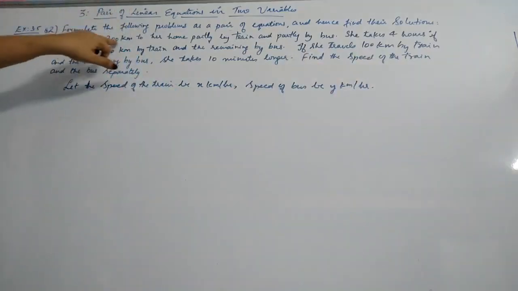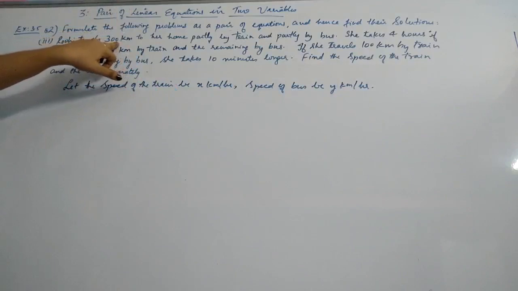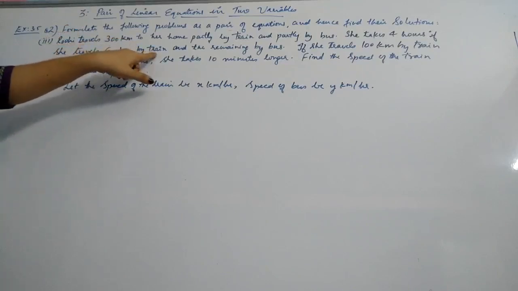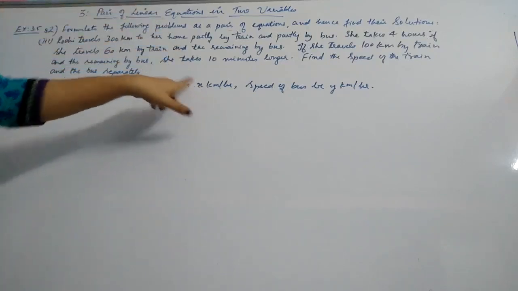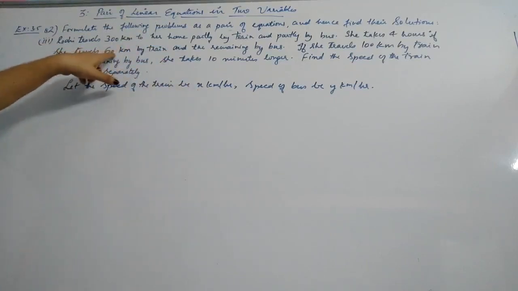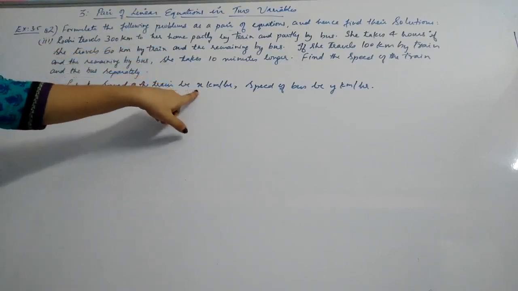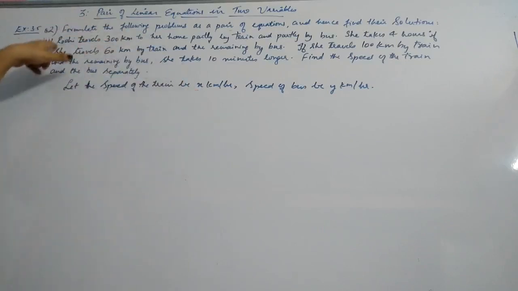Now the total distance travelled is 300 km and they are saying that 300 has been broken into 2. That means the first 60 will be travelled by train. So the distance travelled by train divided by the speed of the train will give you the time taken by Ruhi to travel by train.